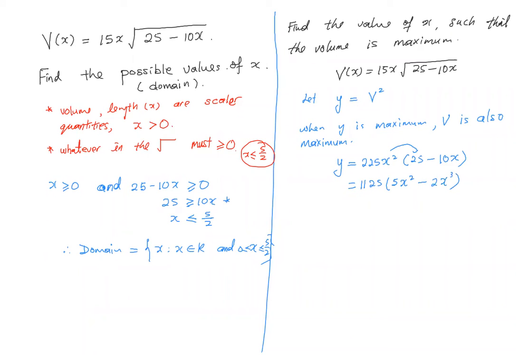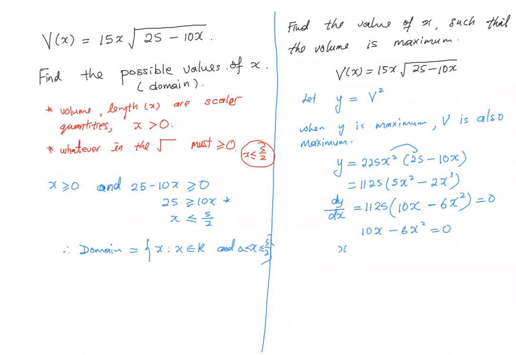So now if I differentiate this, it becomes very easy to differentiate. So I equate it equal to 0. That means I have 10x minus 6x squared equal to 0.